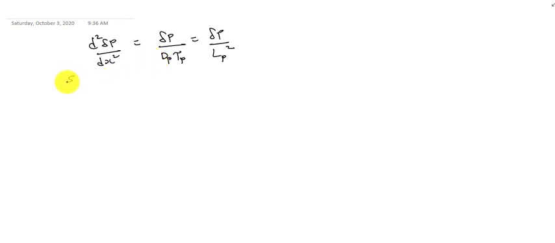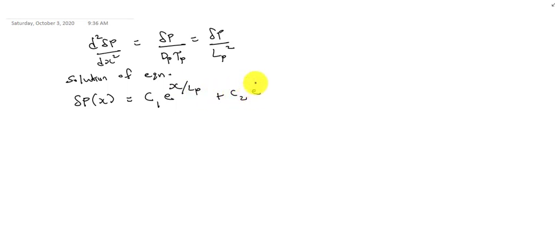The solution of the above equation can be written as δp. So the value of δp we are going to find from this differential equation, δp(x) is equal to C1. This is a second order differential equation, so actually the solution will be in the form C1 e^(x/Lp) plus C2 e^(−x/Lp).